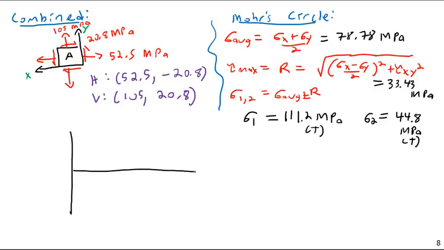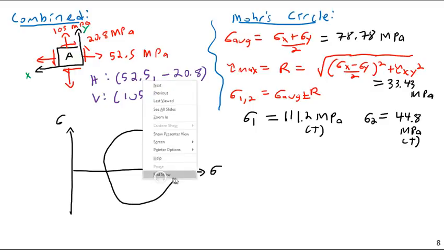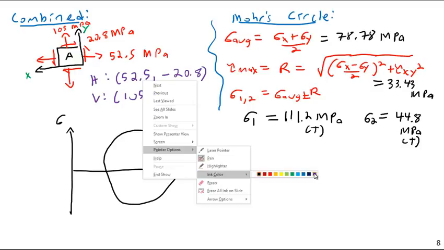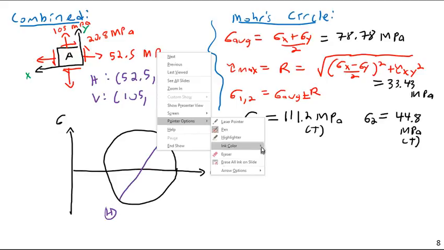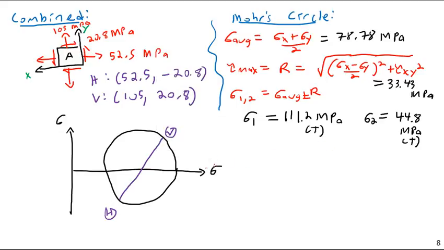It would be like this, sigma and tau. The circle would be entirely within the tensile zone for normal stress. Another lovely perfect circle. My H and my V would be like this. And I would have sigma 1 and sigma 2 here. And that's our Mohr's circle.